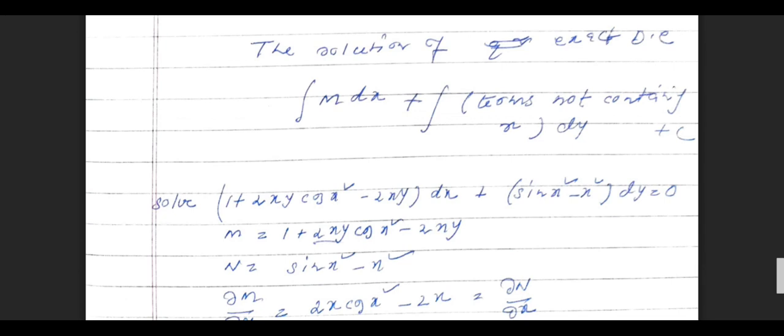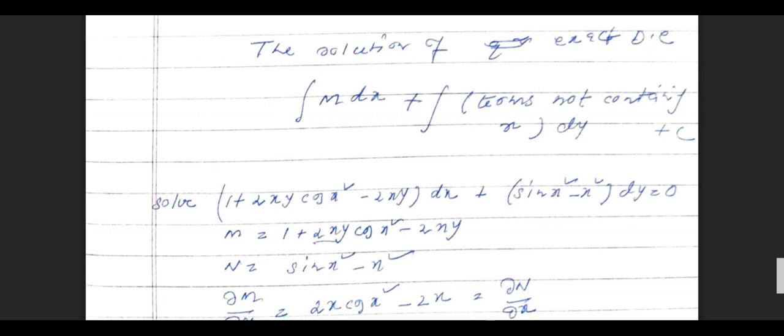You are differentiating M with respect to y and N with respect to x, because they are functions of x and y. The solution of this exact differential equation is the integration of M dx plus the part not containing x integrated with dy, plus constant.